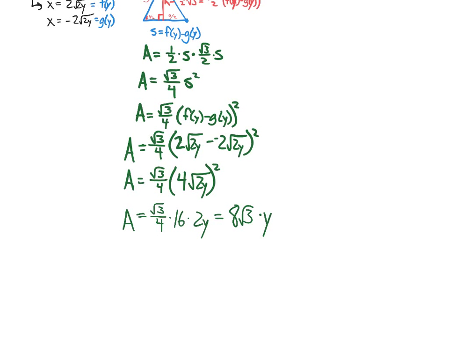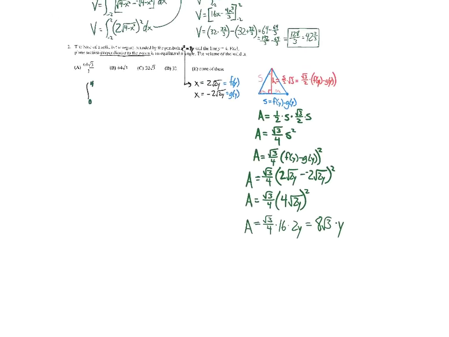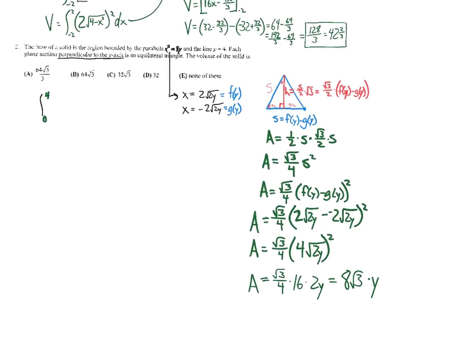Does everyone understand that? This is actually a pretty easy integral to do now that I've gotten all that done. So we're going to integrate from 0 to 4 the 8 root 3 times y dy.